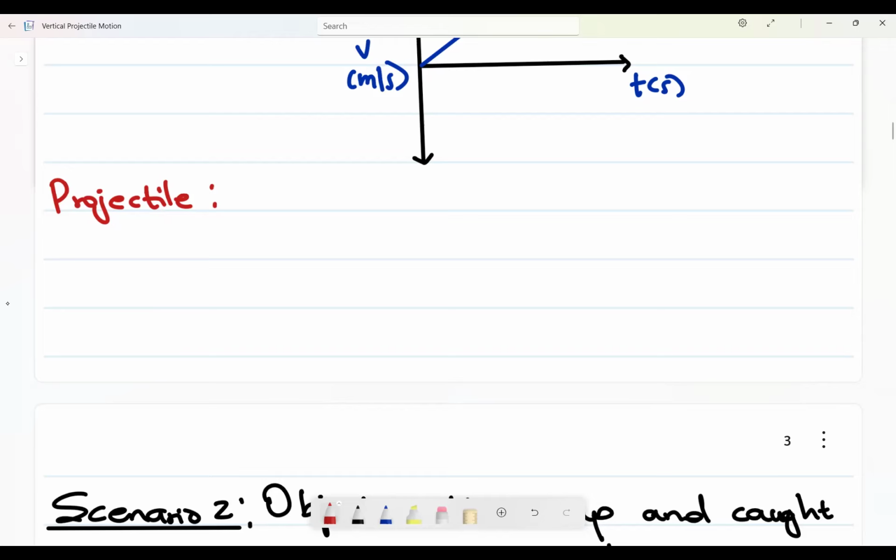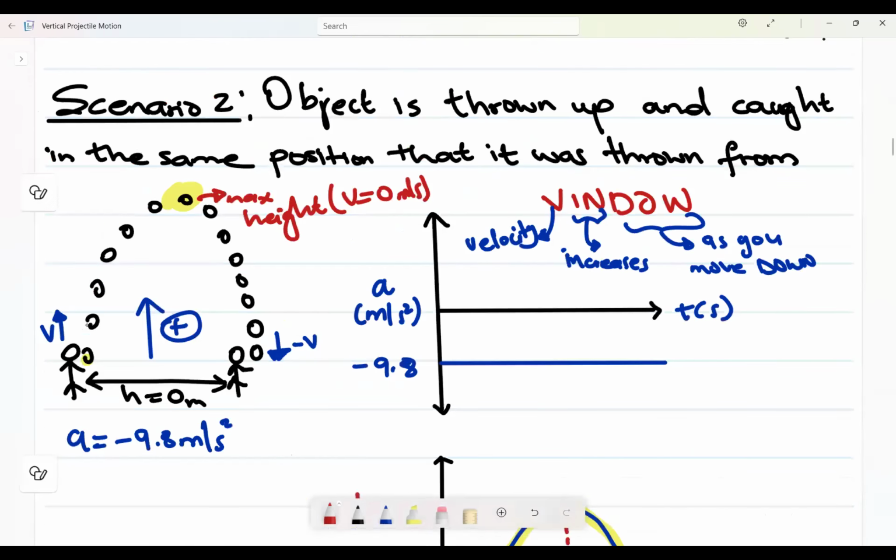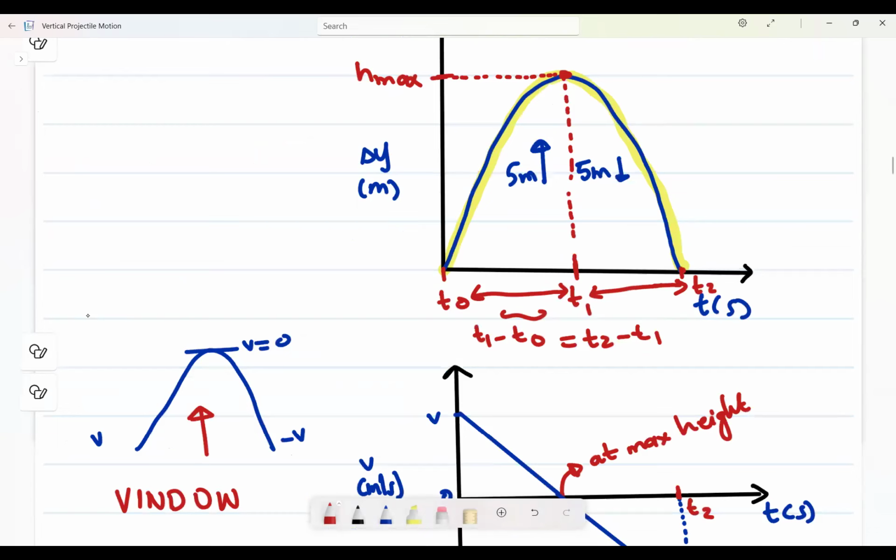Right, yes. Here it is. So now, the word that I'm looking for is projectile. Why is my document taking time now to do this?